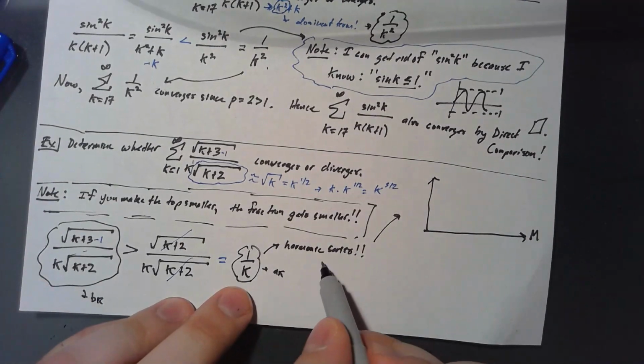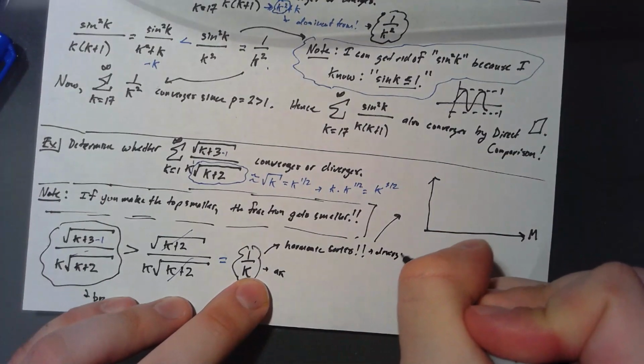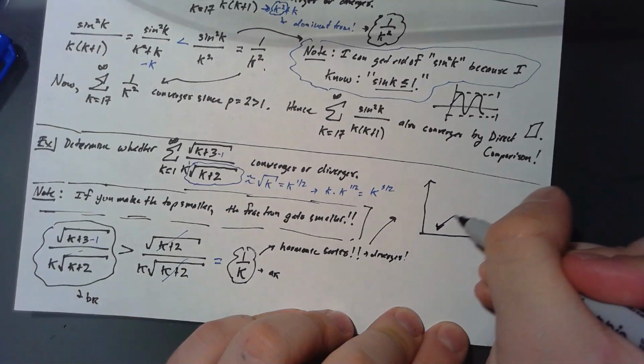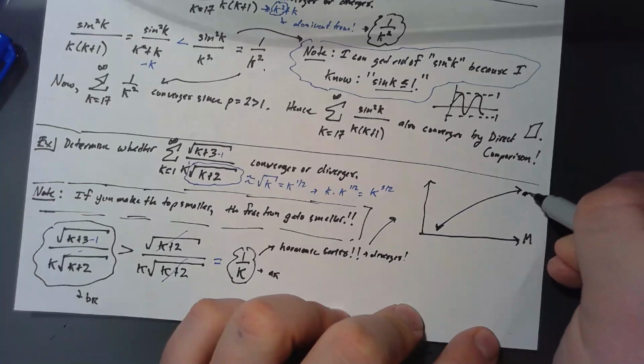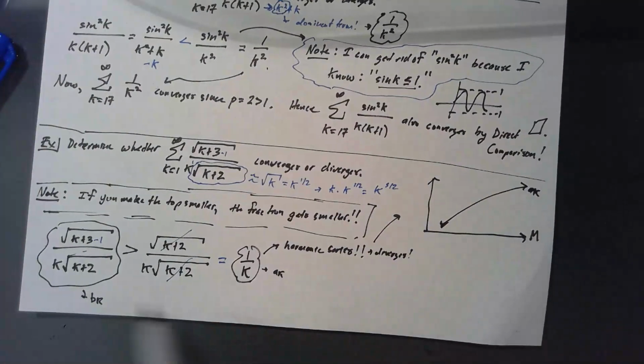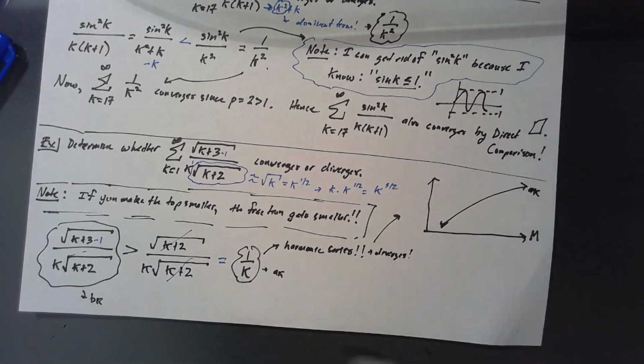A of k is our harmonic series, which diverges. It doesn't go to M, it goes away from M. How does B of k compare to that? It's greater than it, in other words, it's above it.